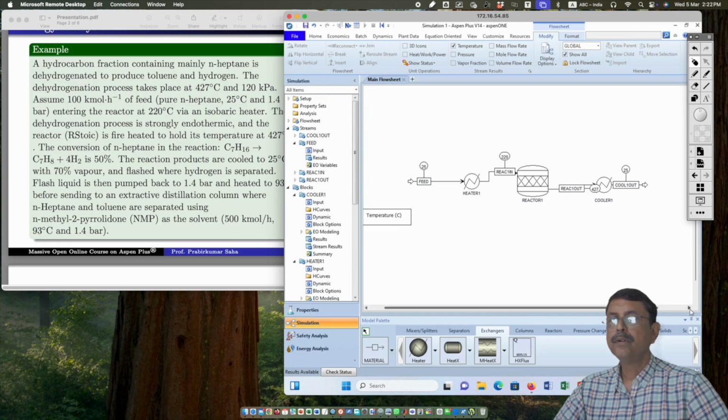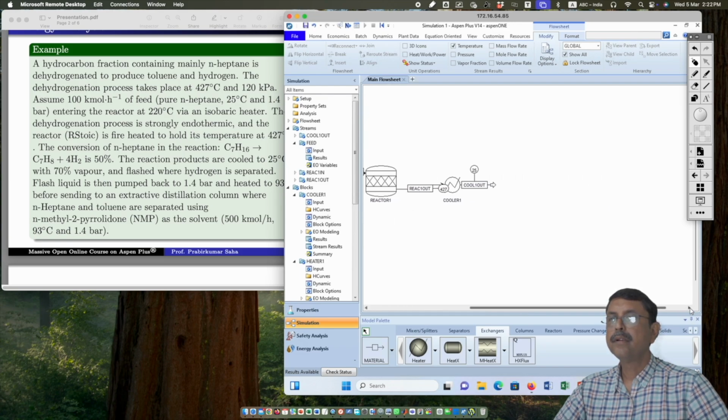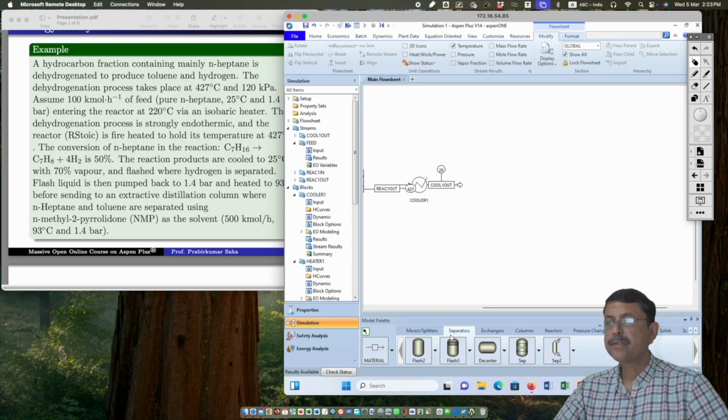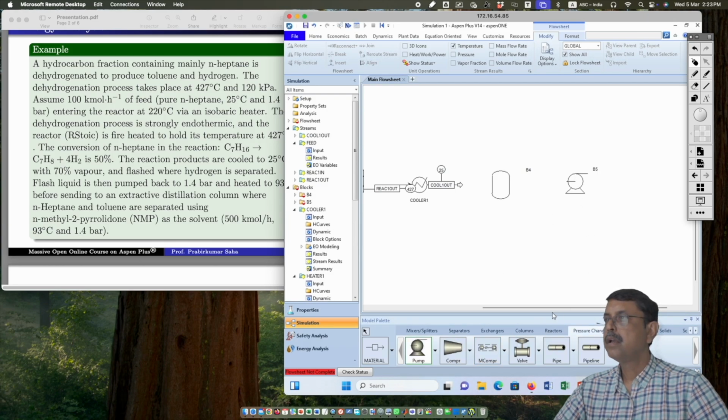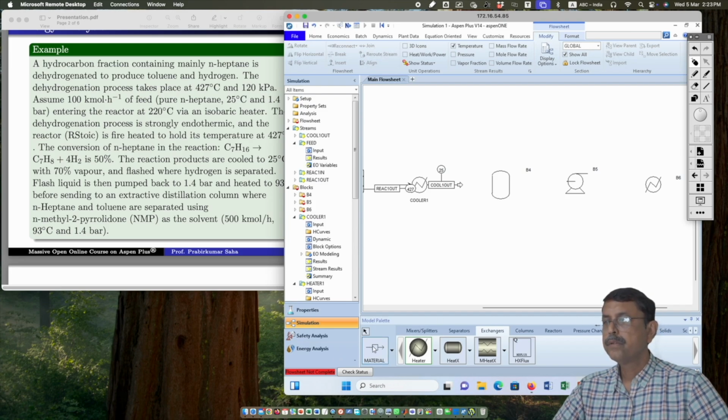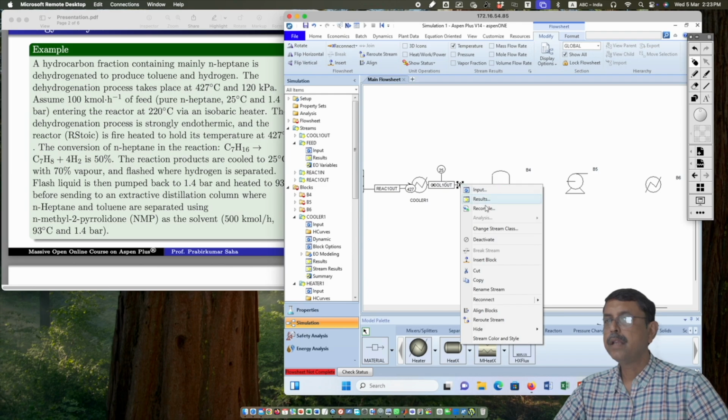So let us take a flash tank first. So we have a flash tank, then a pump, and finally a heater. Okay, so we will connect them accordingly.